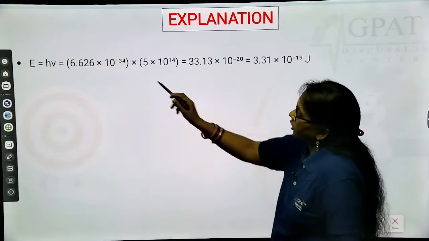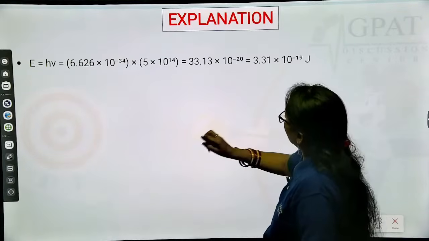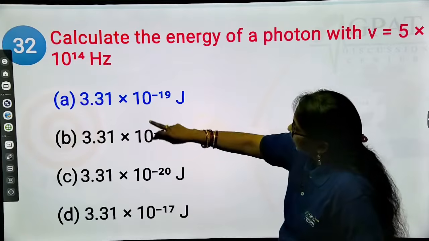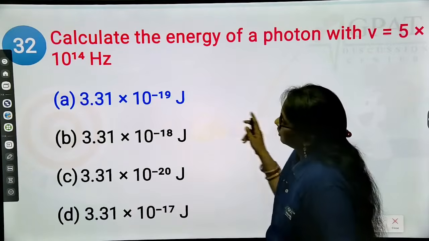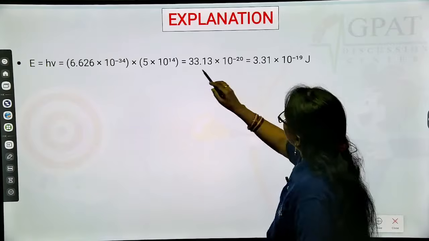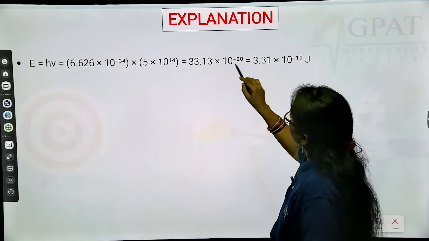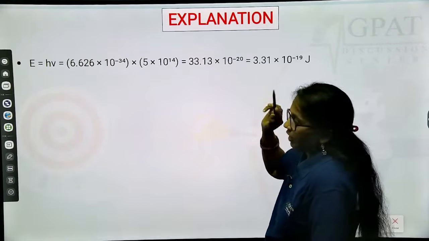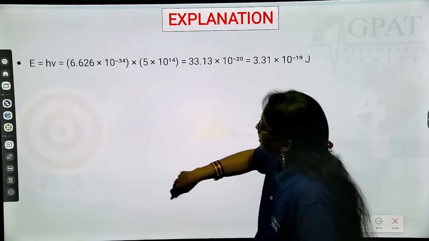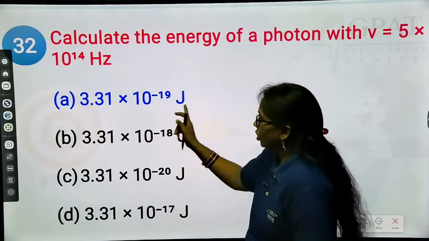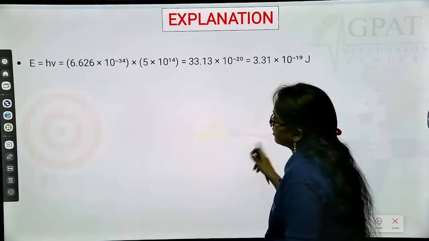But in the options, they have given 3.31. That means we need to take the 1/10 from here, so it reduces one more from the power: 10 to the power of minus 19. So option A is the right answer.